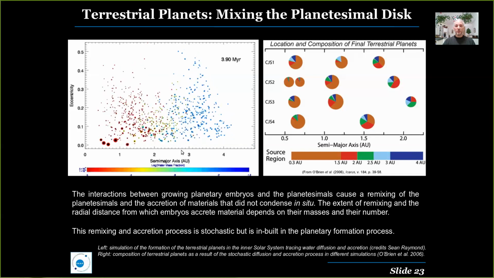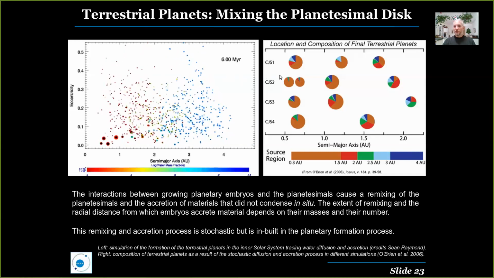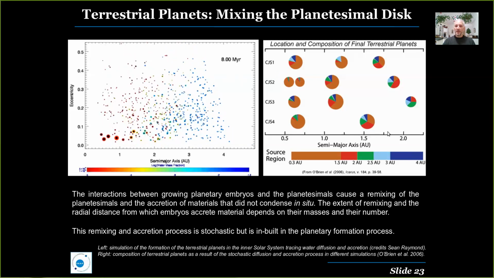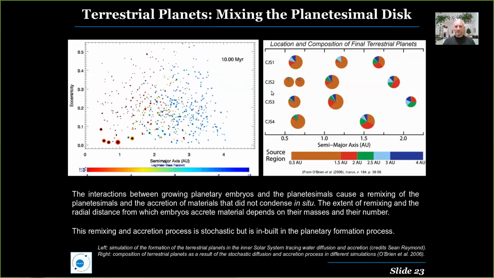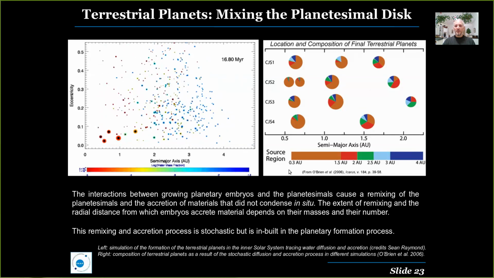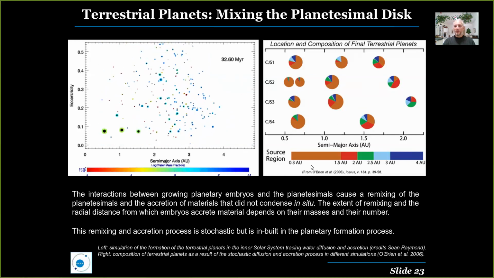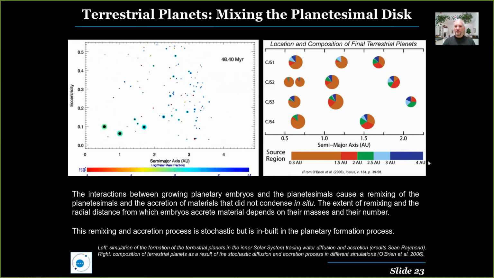This process is stochastic in nature, and an example of the effect of this stochasticity is shown in the right plot, where you can see, as these pie diagrams, the composition of the planets that are formed in different simulations in terms of material coming from different distances from the sun.